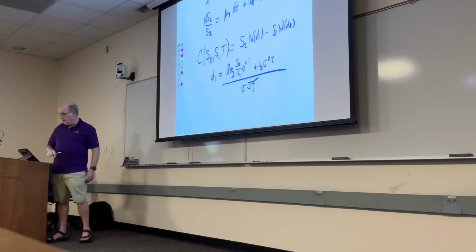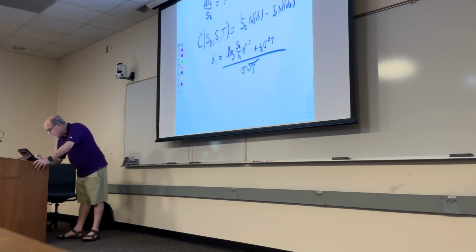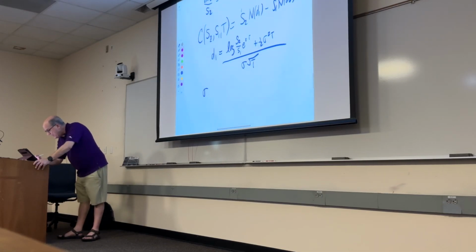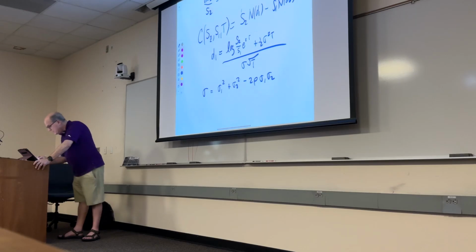We've got the sigma 1 and the sigma 2. We saw last week that the sigma here is equal to the square root of the first sigma squared plus the second sigma squared minus 2 rho times sigma 1 and sigma 2.